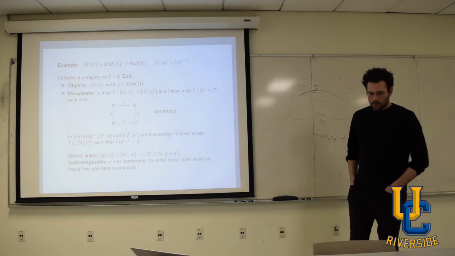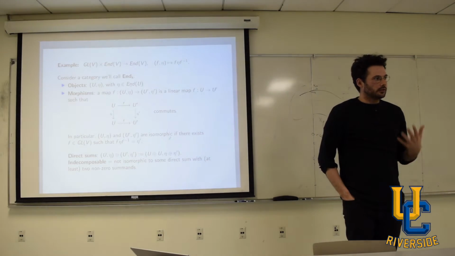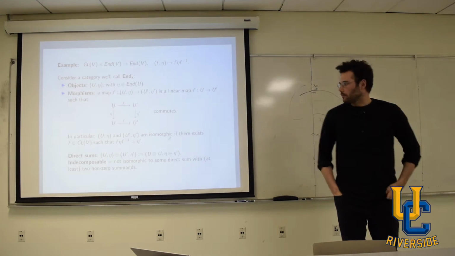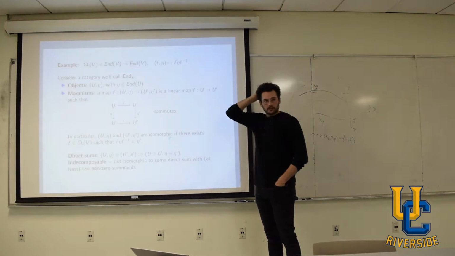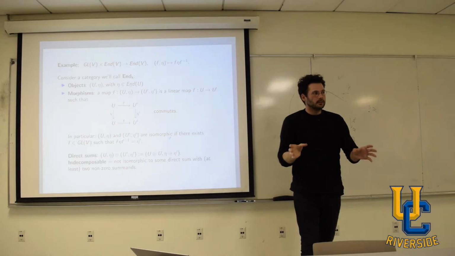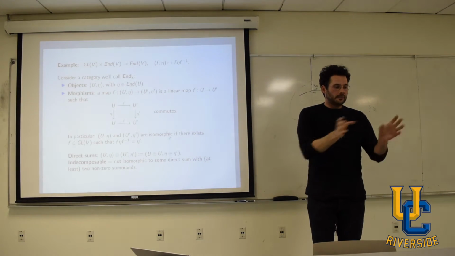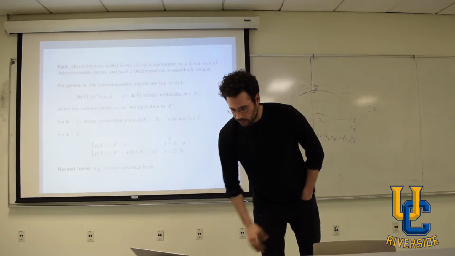Basic building blocks should be those endomorphisms that cannot be decomposed further, so the indecomposable endomorphisms. Indecomposable is meant in the sense of the natural notion of direct sum for endomorphisms. You have two spaces with endomorphisms each, you add the spaces and you take the direct sum of the maps.